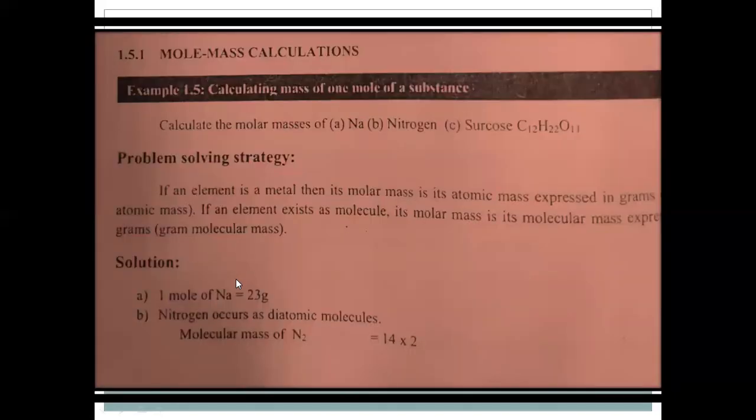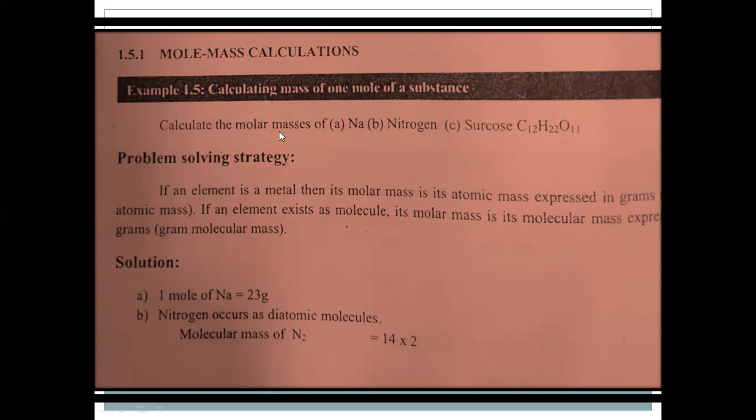Now coming towards mole-mass calculation, here we have some numerical problems, and we will use different formulas to solve them. The first one is example 1.5, mole-mass calculation. In some numericals they will ask about moles by giving mass, and in some they will ask about mass by giving moles.